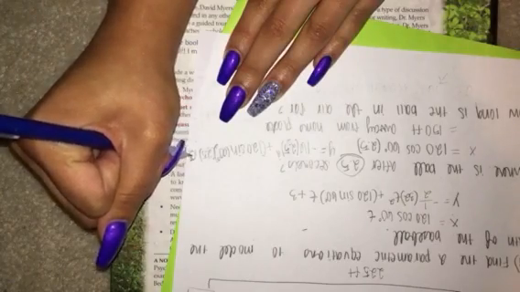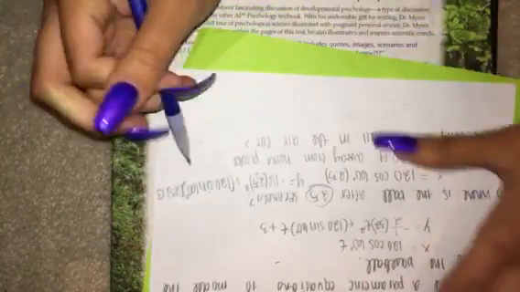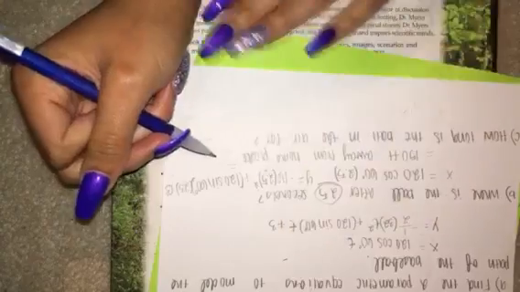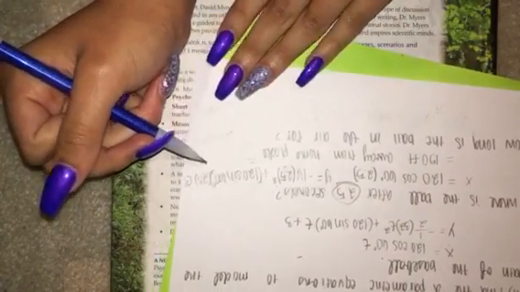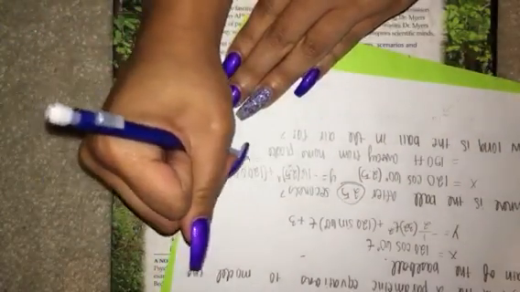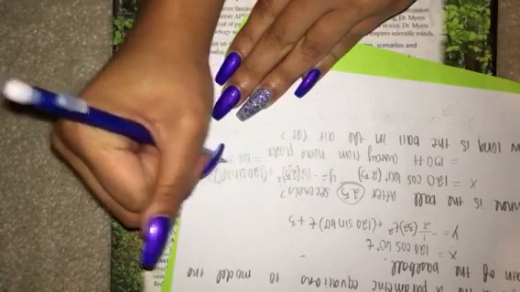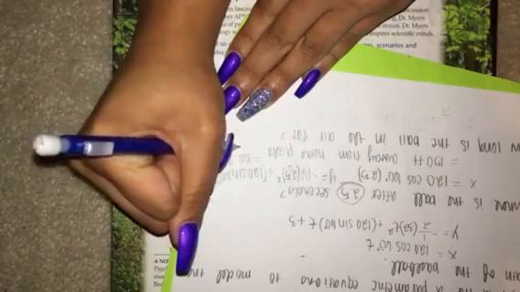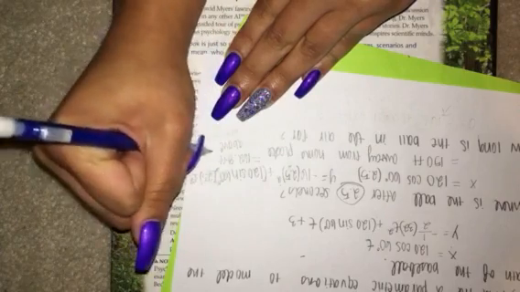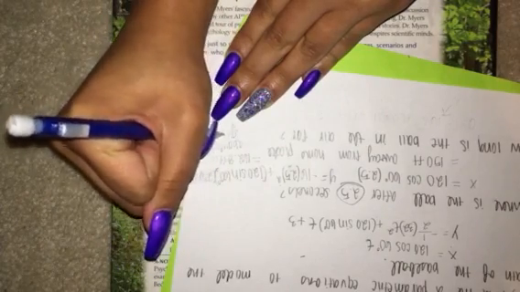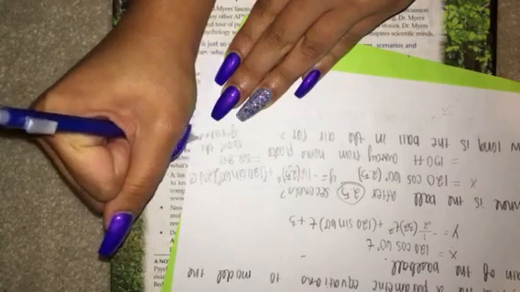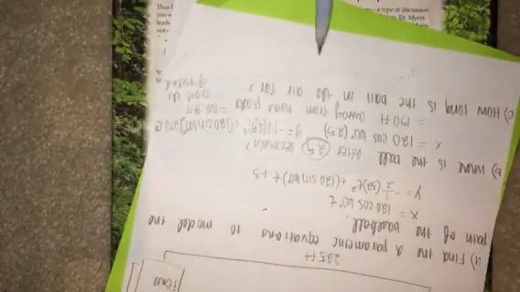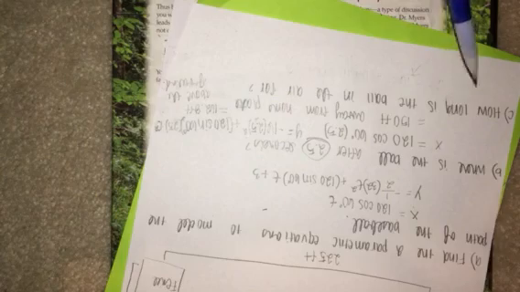When you plug that in, you end up getting that the ball is 162.8 feet above the ground. So the ball is 150 feet away from home plate, and the ball is 162.8 feet above the ground.